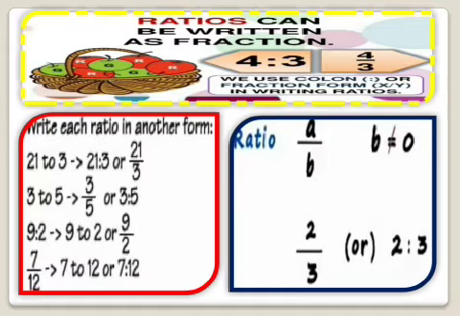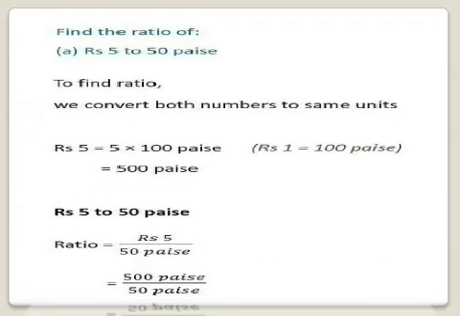There are other ways to express ratios, like 21 to 3 can be expressed as 21:3 or 21/3. 3 to 5, 3/5 or 3:5. 9:2 can be expressed as 9:2 or 9/2. 7/12 can be written as 7:12.